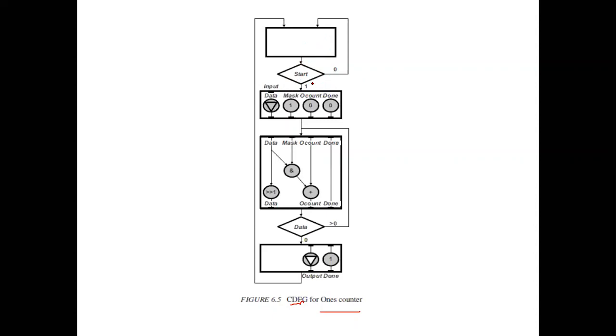Once the start signal becomes 1, the second basic block will be executed. So this is an initialization block. Whatever initialization is needed for this particular code will be done in this basic block.